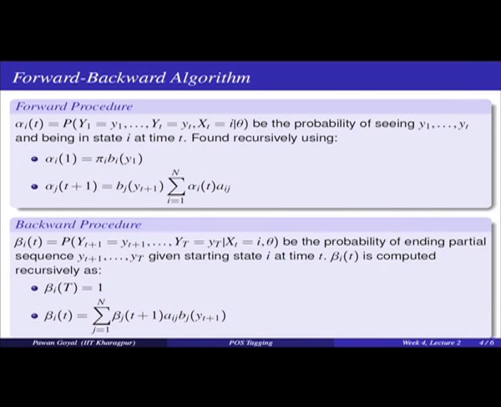Now you have a way that, given any set of parameters theta, you can compute all the alpha ITs and beta ITs. Now remember what the next step in the algorithm is. You want to find out the best possible paths, or the probabilities of various paths.